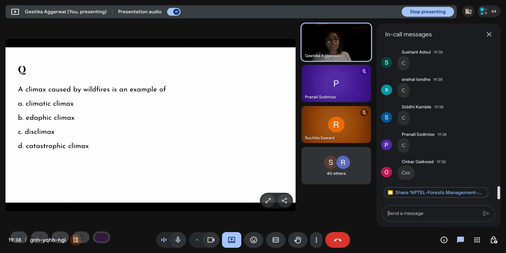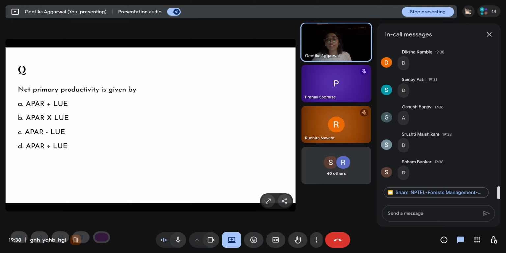Is it an example of disclimax? Correct. So it's actually an example of a catastrophic climax because we're talking about a catastrophic event like a wildfire. If it was disclimax, it would have been some human intervention or some animal's impact, right? So, not disclimax for this question.